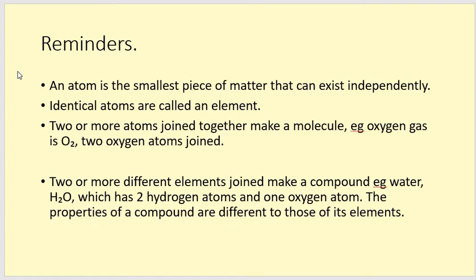Identical atoms, absolutely identical, are called an element. And 2 or more atoms joined together to make a molecule. This really is word version of the pictures we saw as our starter. So as I say, make some notes. Remember, you can pause while you do this.